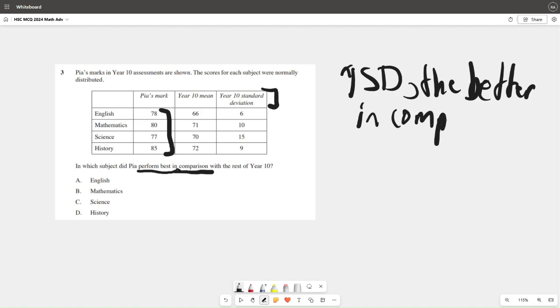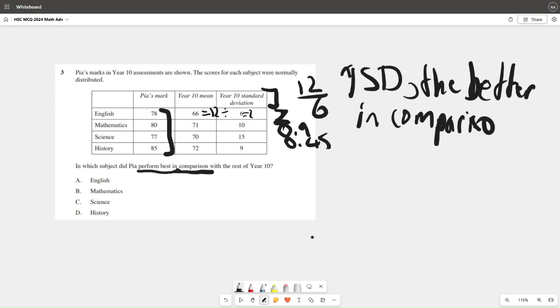The better in comparison. So for English, it was 2 standard deviations, 12 divided by 6, right? So the total above, 78 minus 66 is 12, and then divided by 6 will give you the 2. Okay, so that's 2 standard deviations above. Here it's 9 divided by 10, which is 0.9, 77 minus 70, 7 over 15, about 0.45, and 85 minus 72, 13 over 9, which is about 1.5.